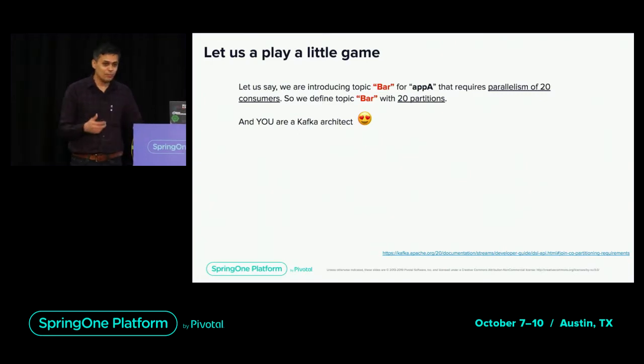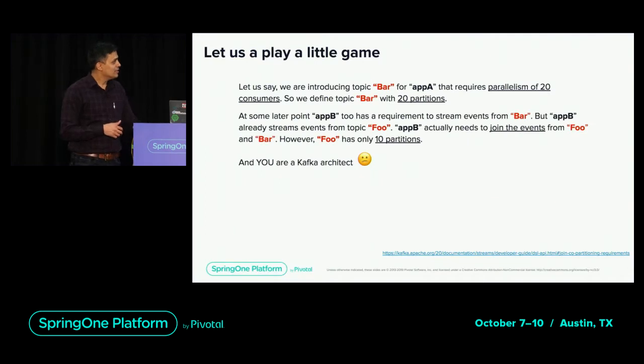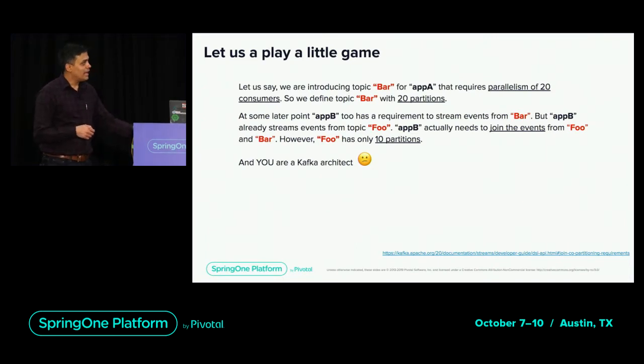Now, since some developer heard that Kafka can actually do join streams across multiple topics, excellent. Application B also has a requirement to stream events from bar. But application B already streams events from the foo topic, right? And application B actually needs to join the events from foo and bar, because it has heard of the great capability of streaming.